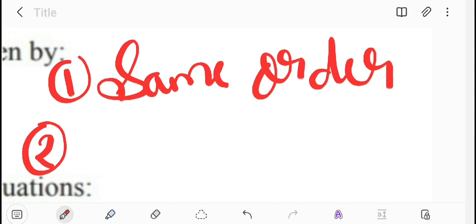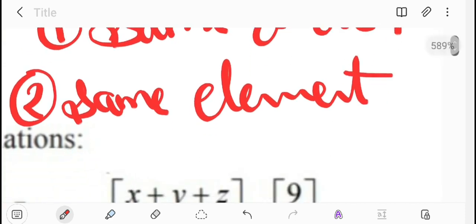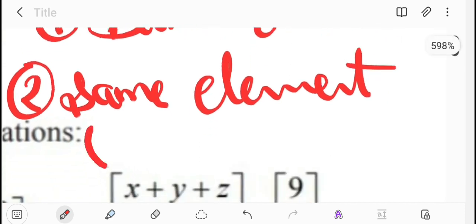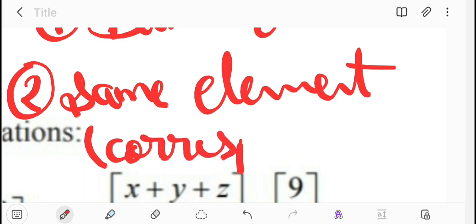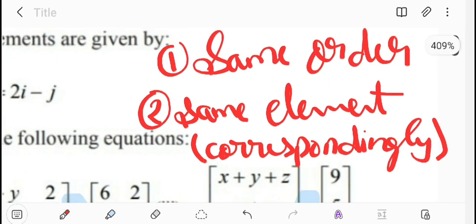The second condition is that they have the same elements, and this same element in the two matrices we will check correspondingly. I hope these two things are very much remembered to you.